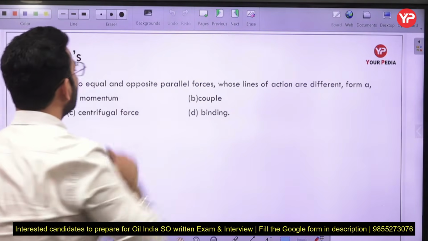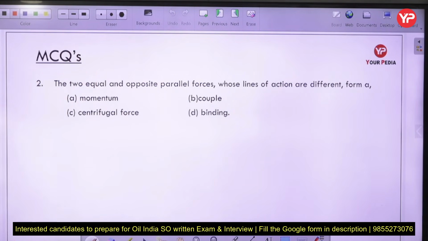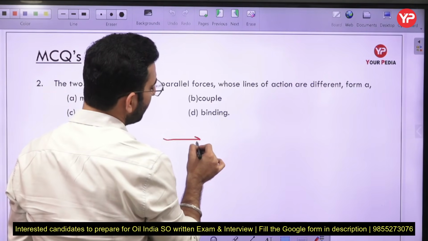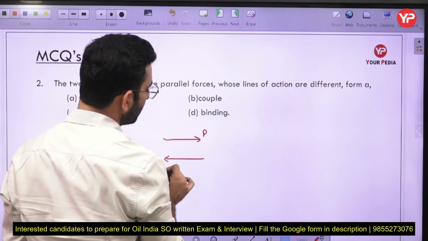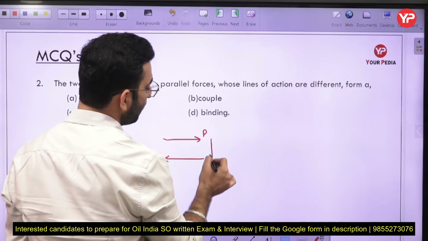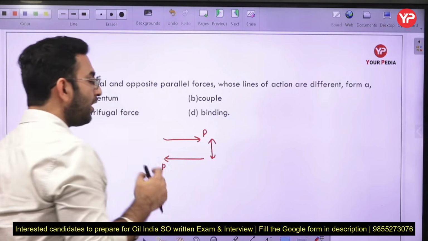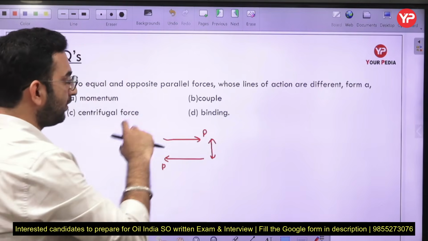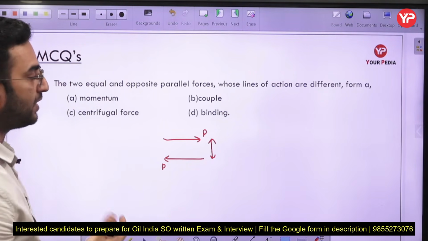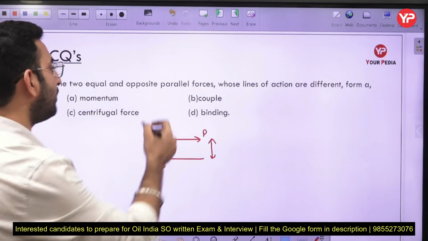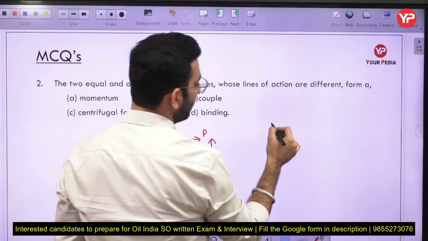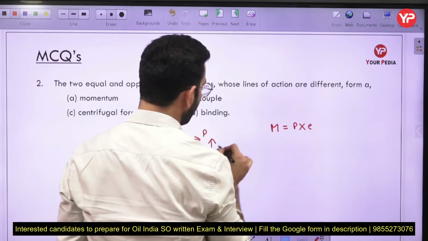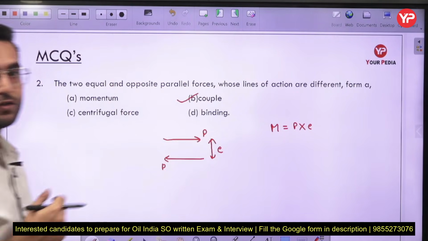Now the next question: two equal and opposite parallel forces whose lines of action are different form a, again a very simple question. Here we have one force P and here another force P, and in between them we have some gap. Whenever two equal and opposite forces act with some eccentricity between their lines of action, it forms a couple, and the magnitude of this couple is given by P into E, where E is the distance between the lines of action of the two forces.